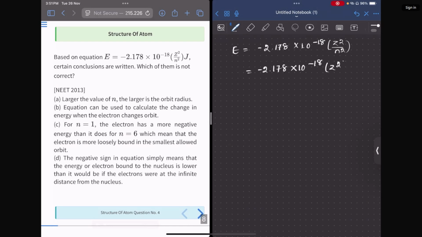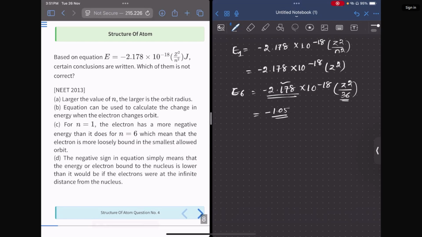For n equal to 1, it will be Z square. Then E6 is minus 2.178 times 10 to the minus 18 Z square divided by 6 square, that is 36. If you divide this negative number by 36, it will be lesser than minus 2.178, meaning a lesser negative value.